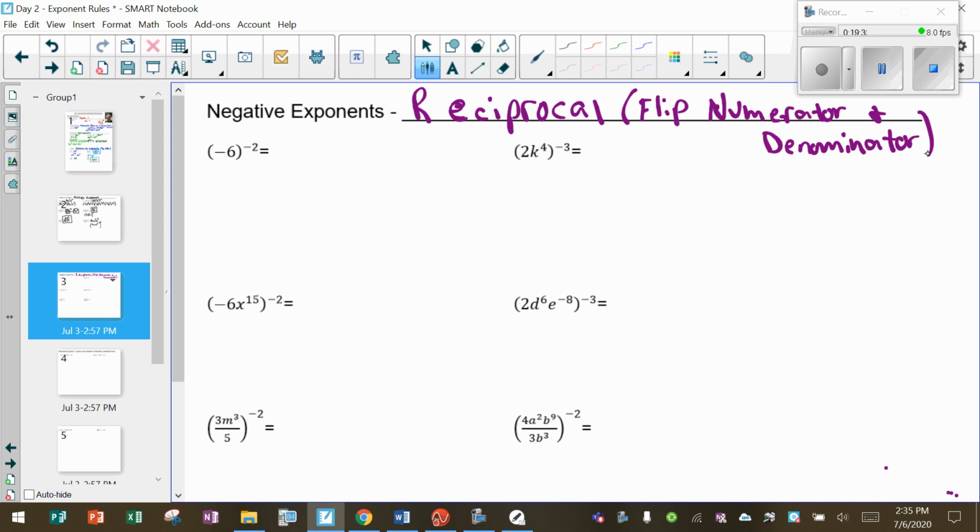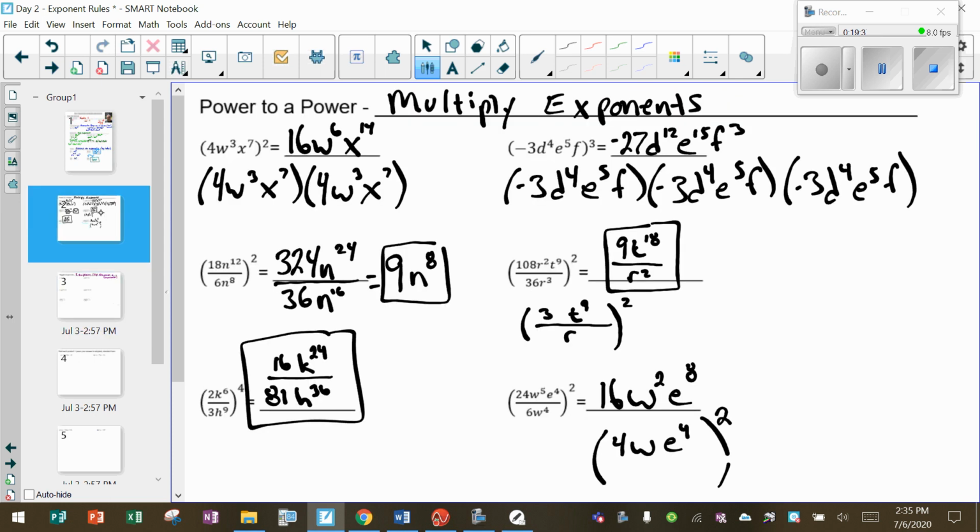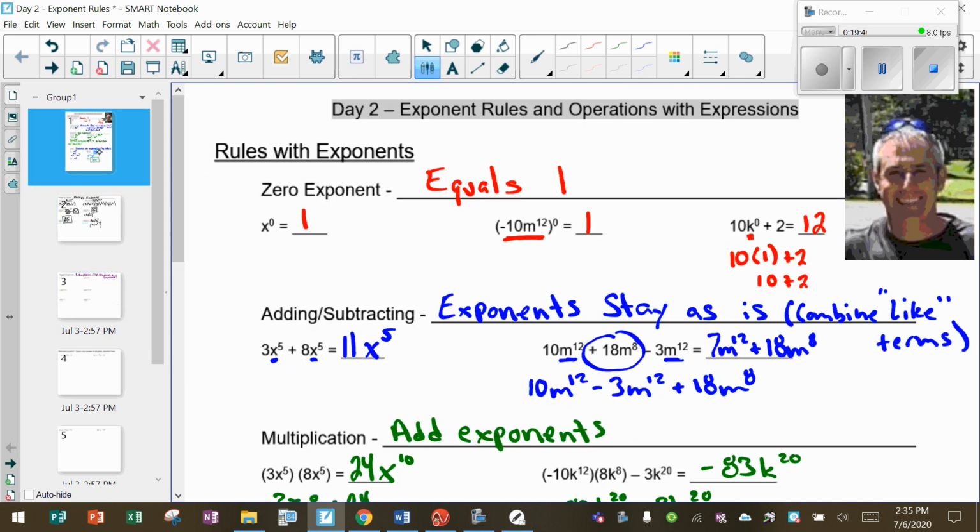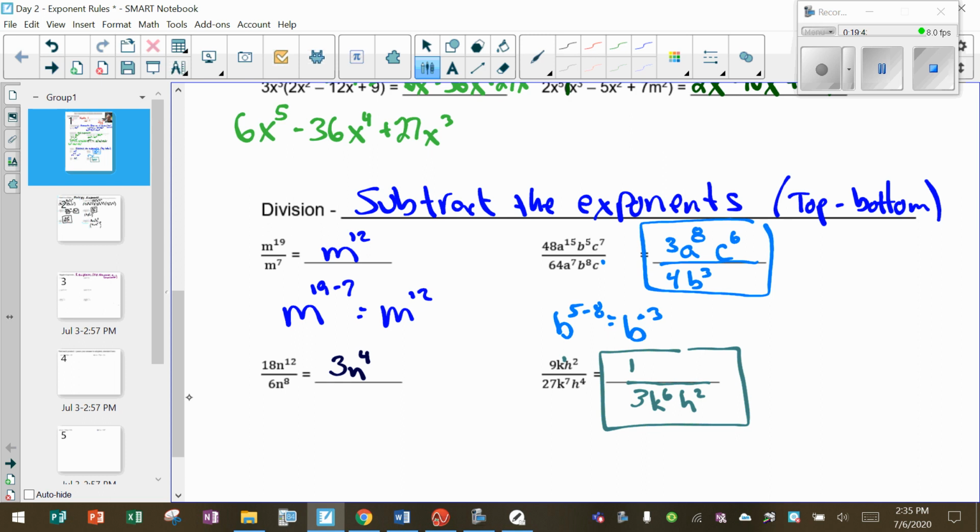That's what we were technically doing over here with the division stuff, when the negative exponent was a result of subtracting the exponents in the original fraction. Notice I have b to the 5 minus 8 ended up with b to the negative third.